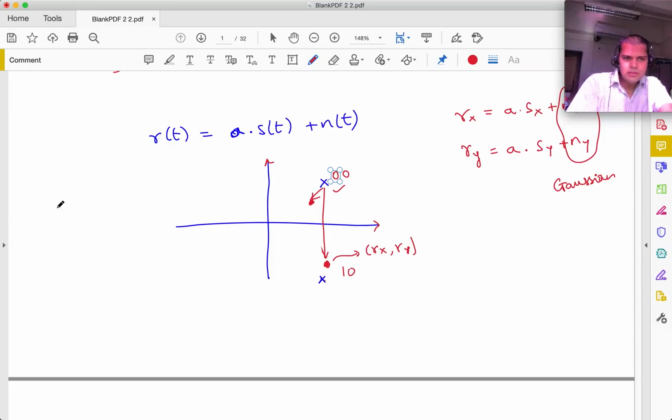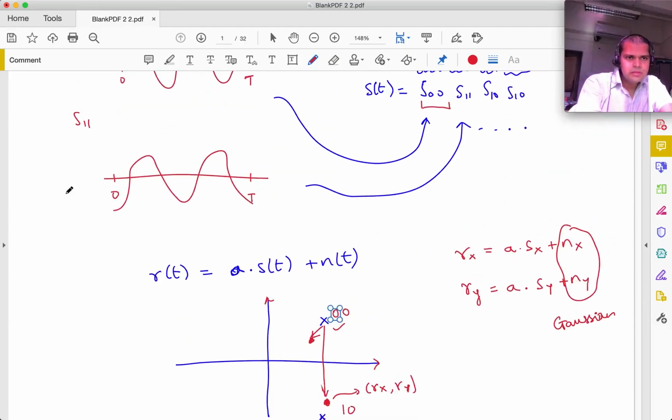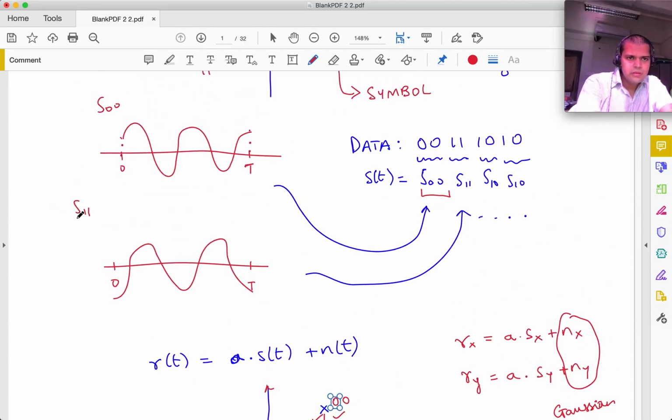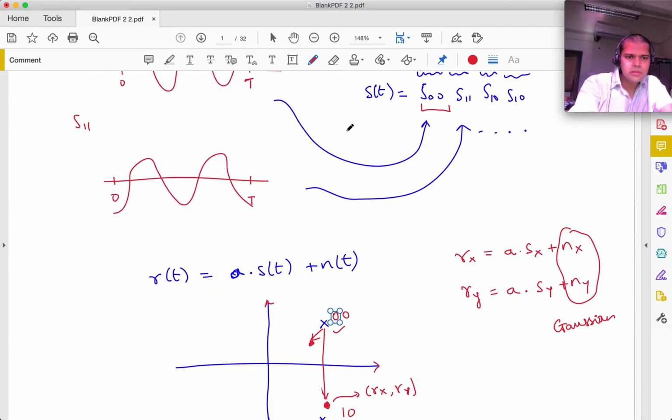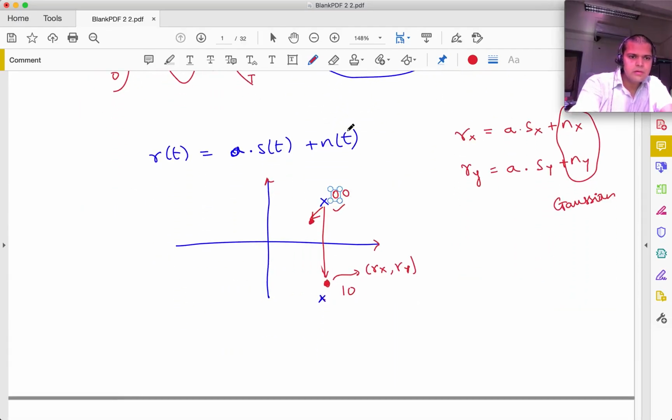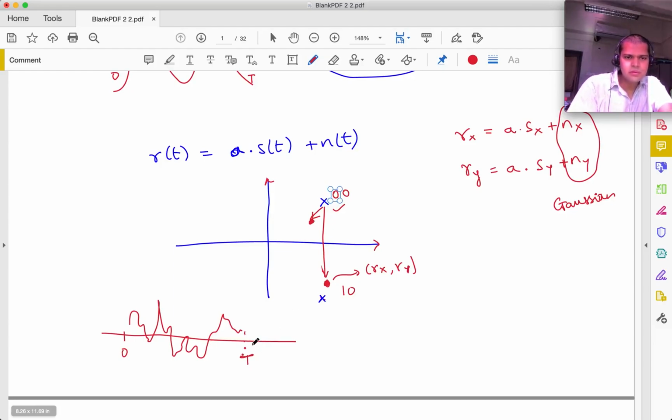So why are we doing this? Well, because even though this signal was transmitted, after noise got added, it could look very, very different. So let's say it might look like something like this. It might look something like this. So what was transmitted? Was it S00 or was it S01 or what, right? And so what we do is we find these x and y coordinates over here, and if it is in the fourth quadrant, we will say that 1 0 was transmitted.